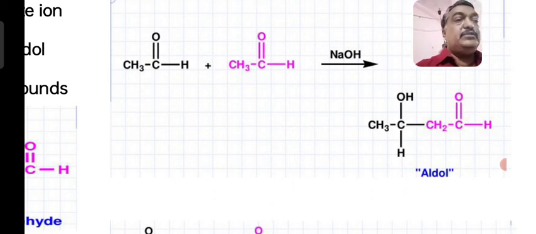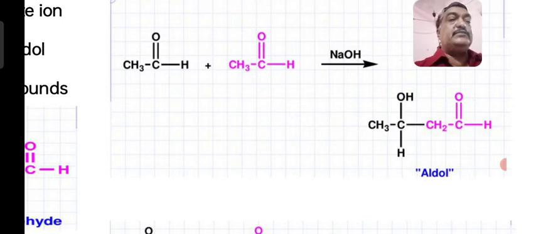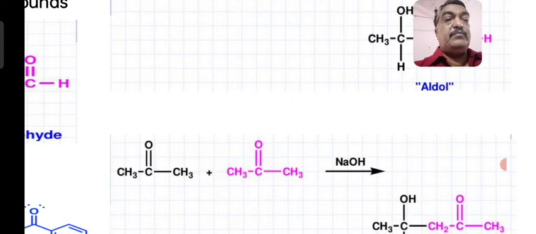You can see the C double bond O, the next carbon is the alpha carbon, the next carbon is beta. On the beta position there is an OH group, that is what is called beta hydroxy, and the C double bond O is at one end, therefore it is a beta hydroxy aldehyde or ketone. That is nothing but aldol formation.